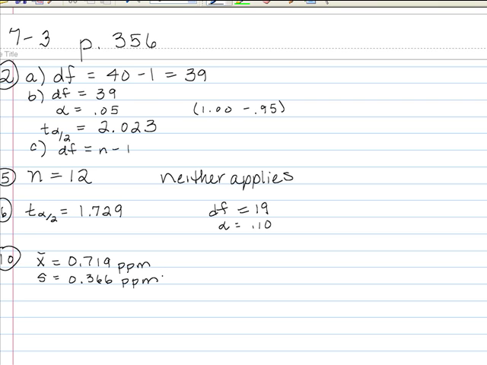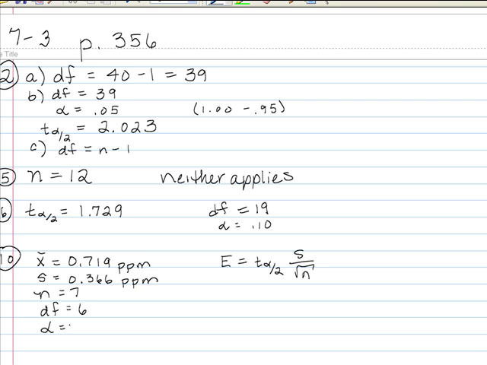Okay, so we're given some information here. We want to calculate our value for E so we can construct our confidence interval, and our n is 1, 2, 3, 4, 5, 6, 7. So degrees of freedom would be 6. Confidence level I want is 90%, so alpha is 10%, 0.10.